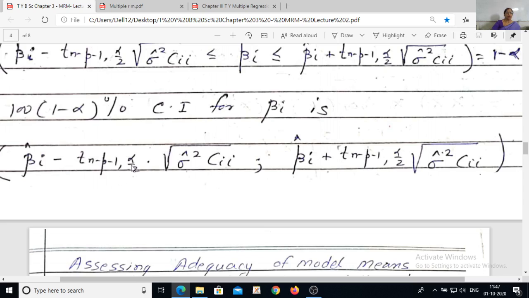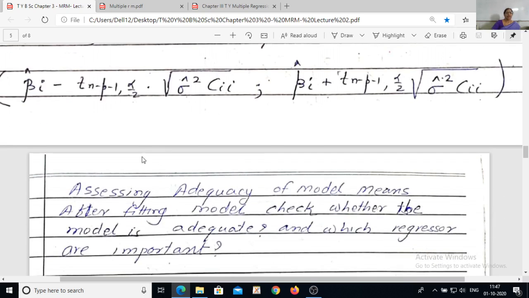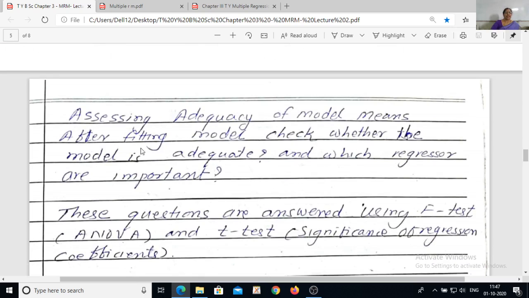So this is the table value of t at n minus p minus 1 degrees of freedom and with probability alpha by 2, and this we have estimated from residual mean sum of squares, and CII is the I plus 1th diagonal element of X prime X inverse. Okay, so in this way we can obtain confidence interval for beta I.